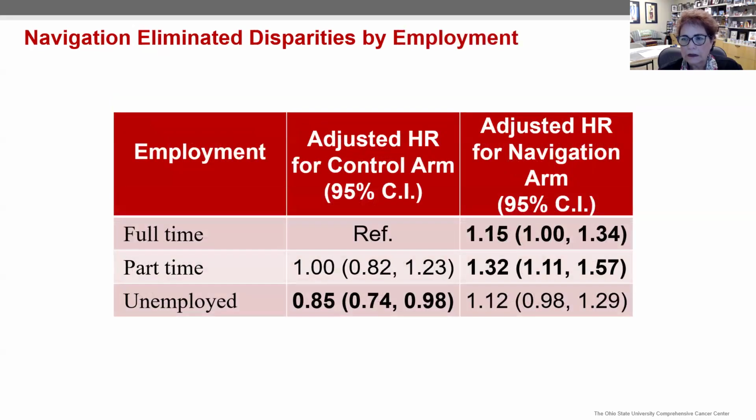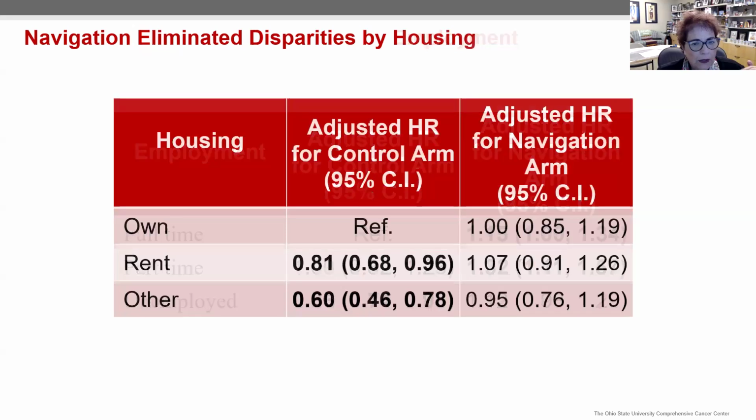We eliminated disparities by employment. In the control arm, those who were unemployed were less likely to come in. We eliminated that disparity. We eliminated the disparity by housing, so that if people weren't homeowners, if they rented or others, they were less likely to come in the control arm.